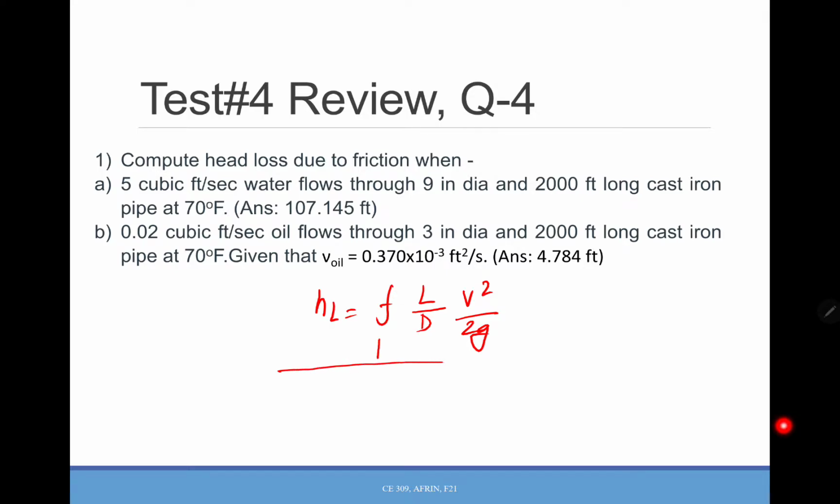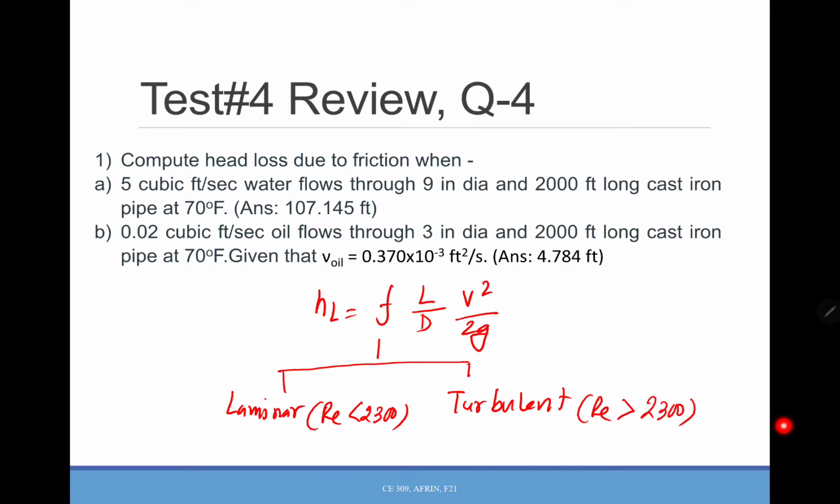Now for the friction factor, you know it's different for laminar and turbulent. The question is, how can you identify whether the flow is laminar or turbulent? Reynolds number less than 2300 is laminar, Reynolds number greater than 2300 is turbulent.